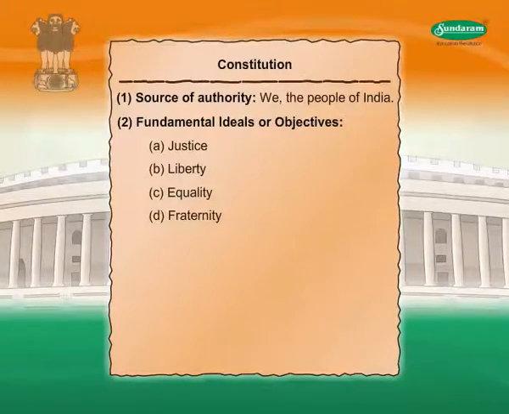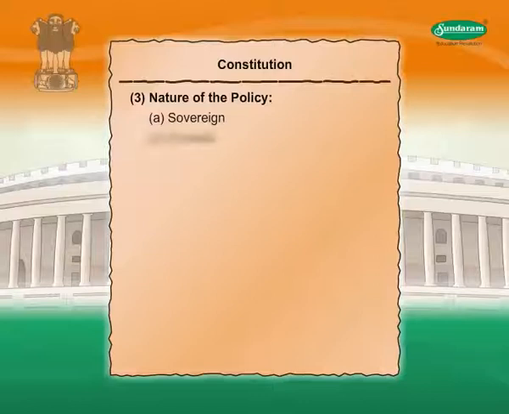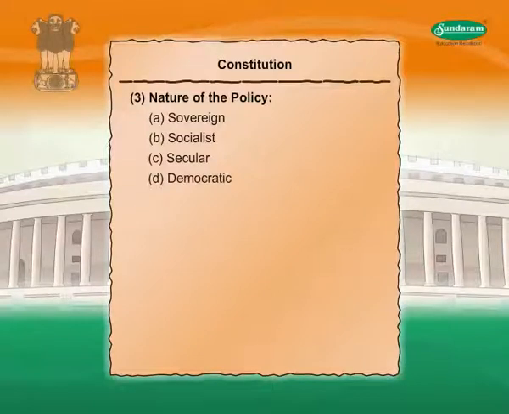D. Fraternity. E. Unity and integrity of the nation. 3. Nature of the policy. A. Sovereign. B. Socialist. C. Secular. D. Democratic. E. Republic.